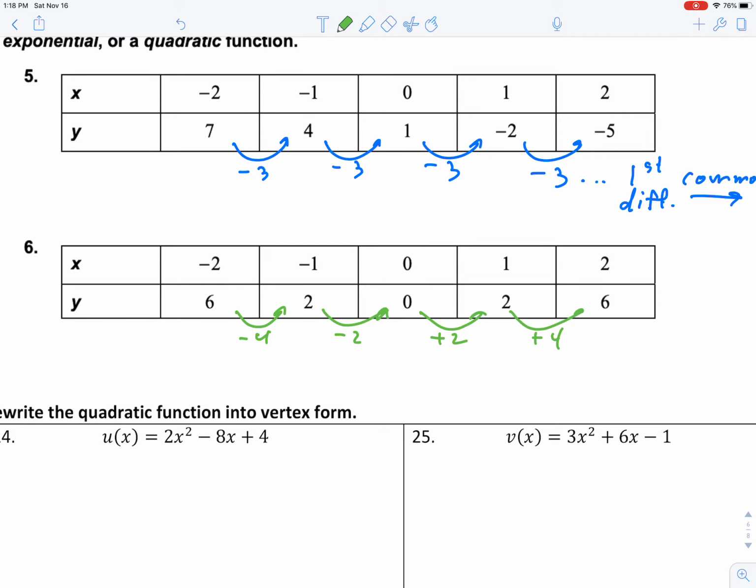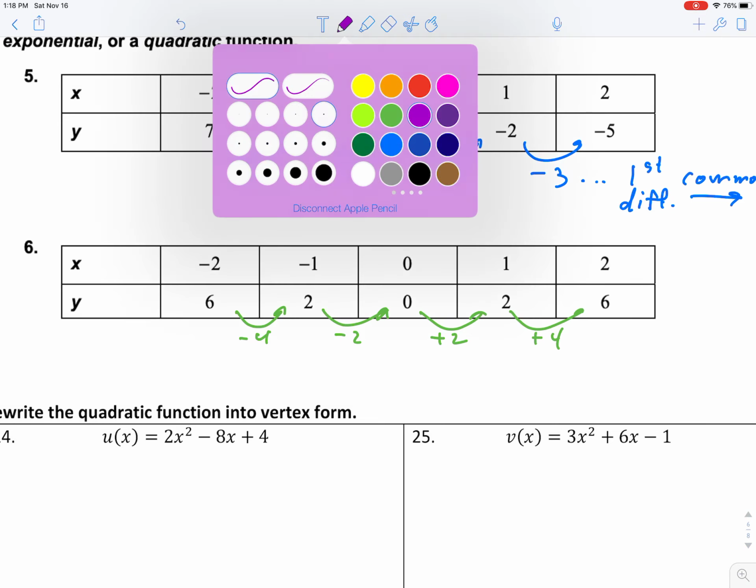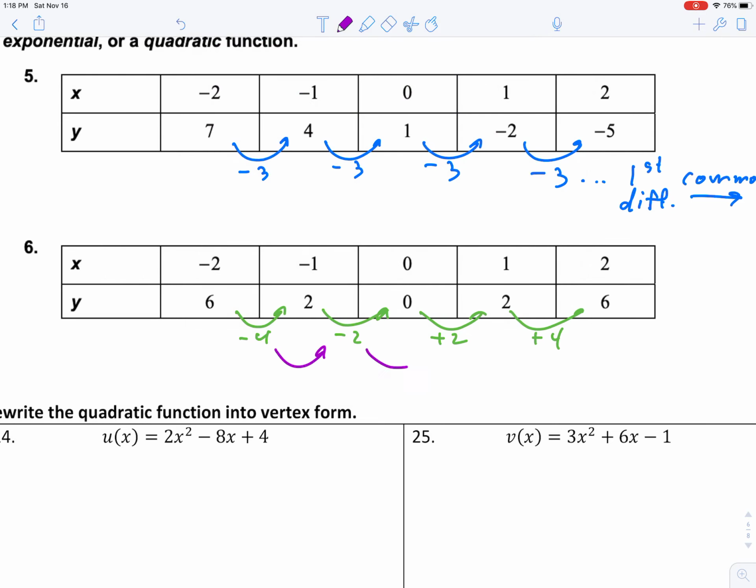So these are not the same, so no first common difference. Let's check out the difference of those differences. This one here is going up 2. Oh, this one here actually goes up 4. And this one, where are we at here? Oh, this one here goes up 2.